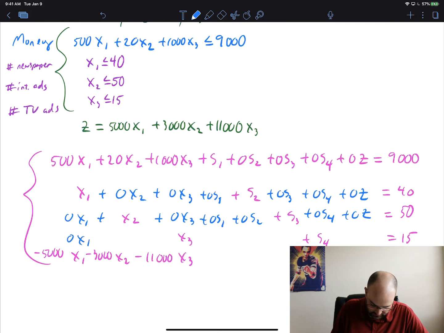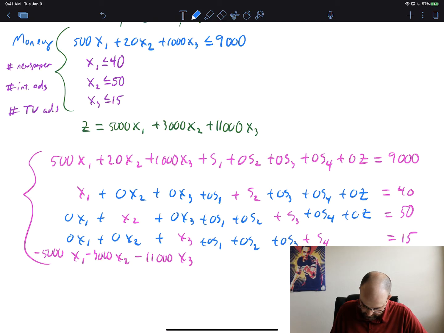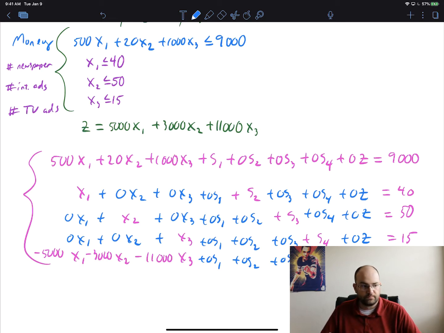And then 0 X1 plus 0 X2 plus X3 plus 0 S1 plus 0 S2 plus 0 S3 plus S4 plus 0 Z is equal to 15. Then for the last row, we still have to add on plus 0 S1 plus 0 S2 plus 0 S3 plus 0 S4. Whew. Awesome. And I guess technically I could have done zeros there for all those.